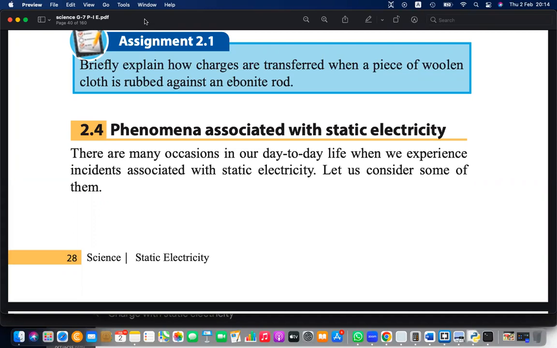When TV is on for a long time. No, I'm asking where this is used. I'm not asking where you can see this. I'm asking the uses of static electricity. Uses of static electricity. Using in ironing boxes.